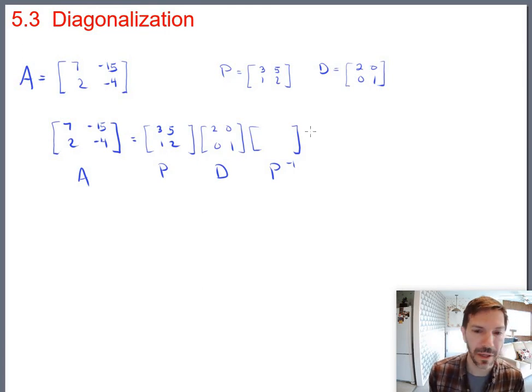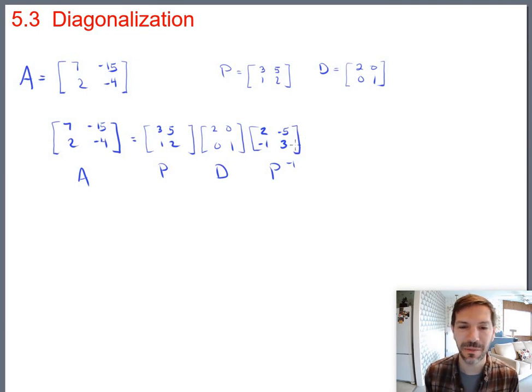It's been a little while since I've used that formula. Swap the entries on the main diagonal, change the sign on the off diagonal, and then we also need to multiply by 1 over the determinant, which happens to be 6 minus 5, which is 1, so 1 over 1, so multiplying by that doesn't change anything.